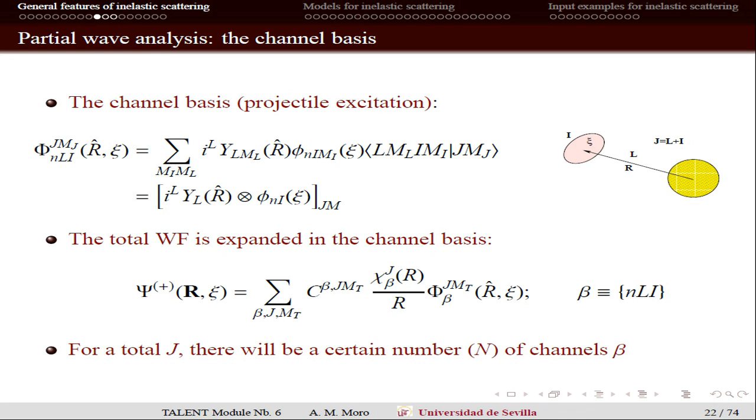Okay, so remember that in the one channel case, so in the case without internal degrees of freedom, you obtained the solutions by making some expansion in some Legendre polynomials, characterized by some L. So the idea is to separate the radial part, this chi depending only on the modulus of r, from the angular part.